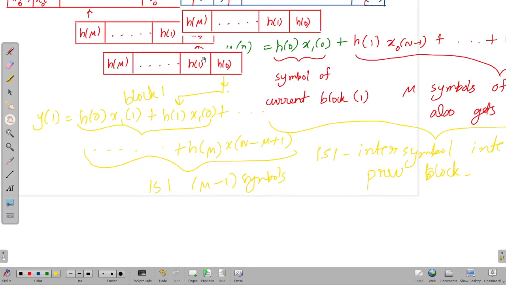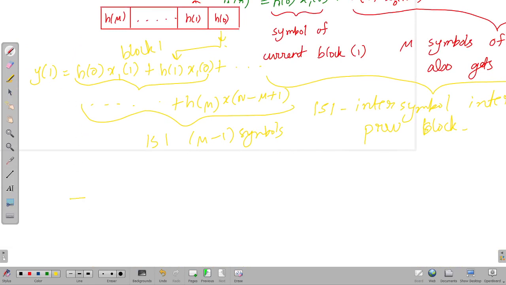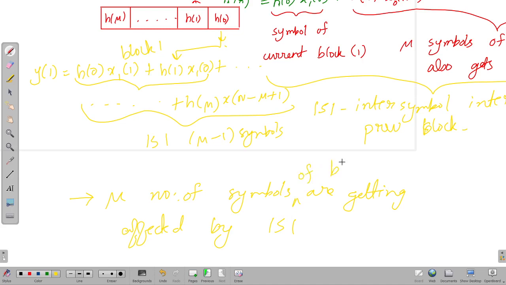So that is one of the ideas that you can get from here: mu number of symbols of the current block are getting affected by ISI, inter-symbol interference, from the previous block.